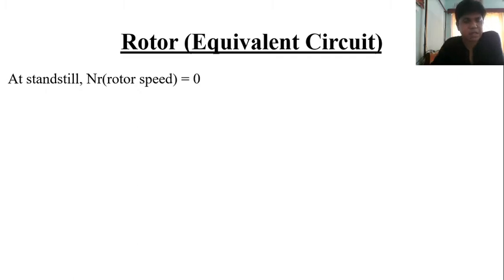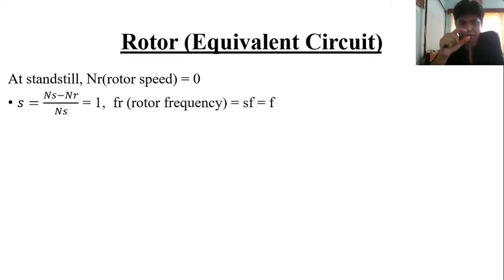We know the expression of the slip is the ratio of (ns minus nr) to ns. When we put the rotor speed nr equal to 0 in the expression of the slip, the ns in the numerator and the ns in the denominator cancel out and slip becomes 1.